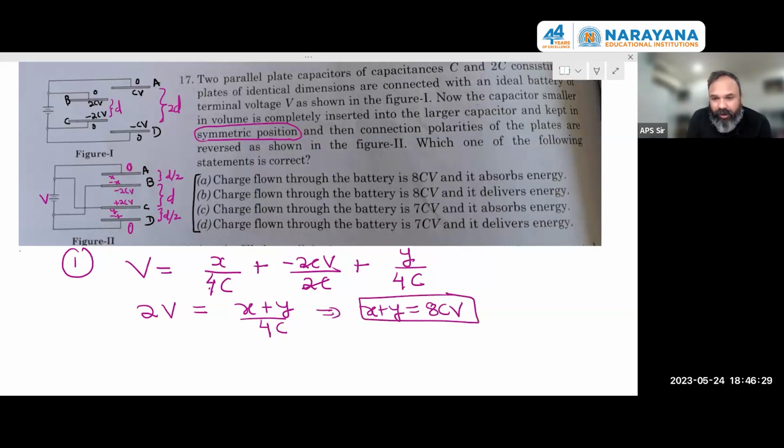Now let me see what is required in this question. He has clearly asked for the amount of charge delivered by the battery. So just focus on the positive plate. The positive plate of the battery is connected in the final state to the A and the C ones.